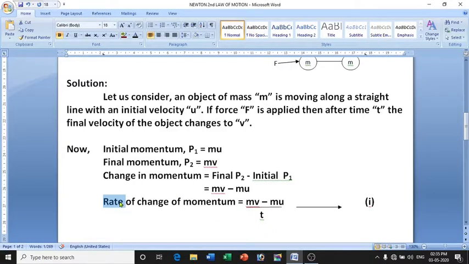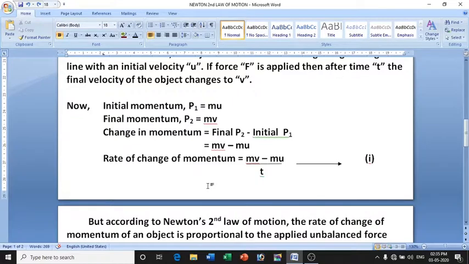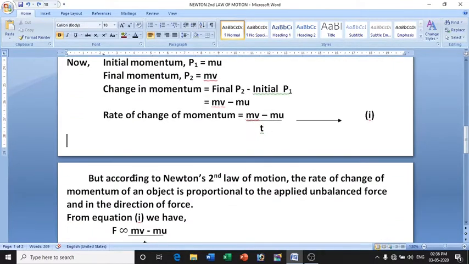Suppose the rate of change in momentum, we give equation number 1. The value of rate of change of momentum is equal to mv minus mu by t. Now again, let's recall Newton's second law of motion.